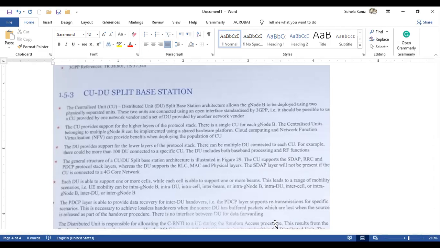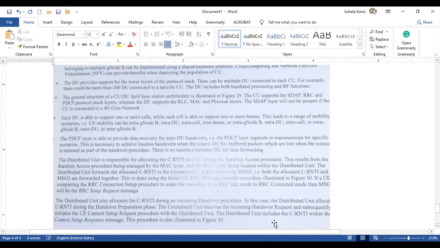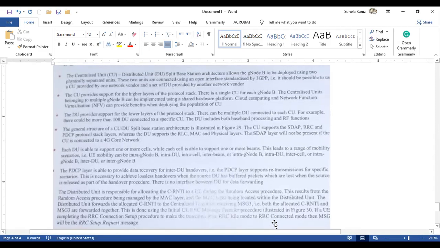A number of small base stations will implement the lower part, and the upper part of the protocol stack will be implemented by the centralized unit.